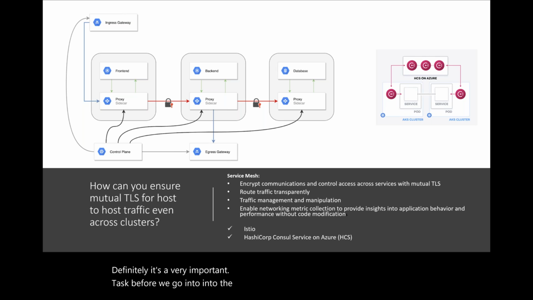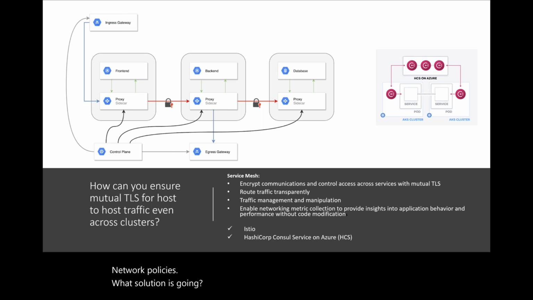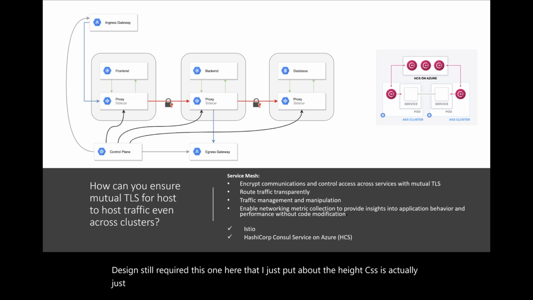And it doesn't mean you cannot do a POC to try out some of the solutions like Istio, Consul, Linkerd, or Azure Network Policies. It doesn't matter what solution you're going with. Design is still required. This one here that I just put about HCS actually just became available in the market.